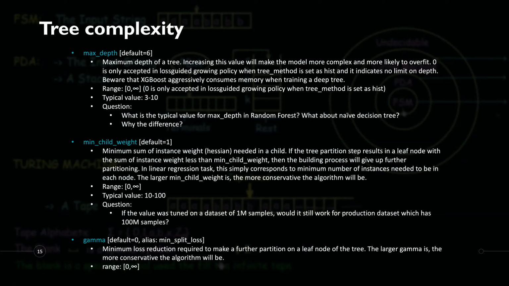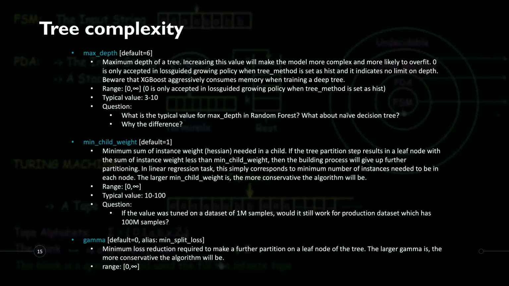Why would we need that? If we have no restrictions, we would expect the decision tree to grow and grow, and by the end of the day we would end up with one sample on one node, which is not desirable, right?